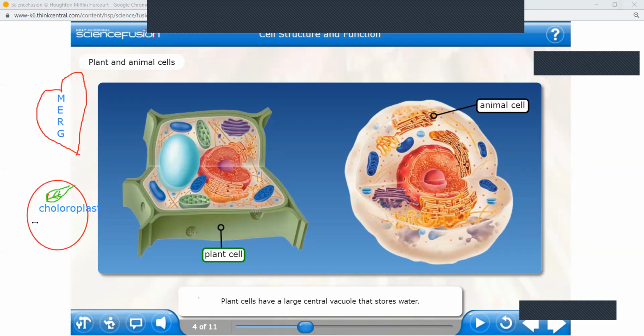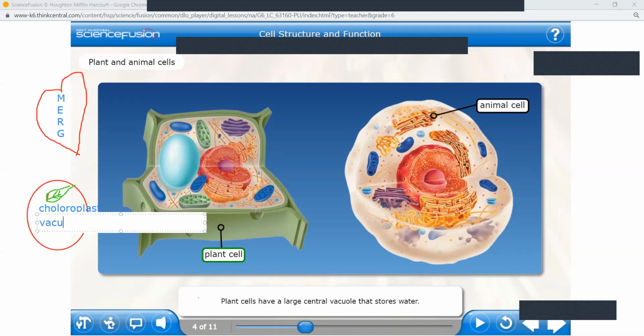They have something called a vacuole. Remember, like vacuum. Vacuole, which is very big in size. When you see here, this big one, this is a vacuole where it stores water.